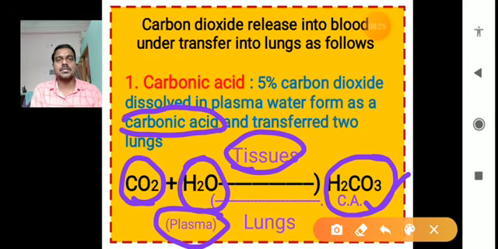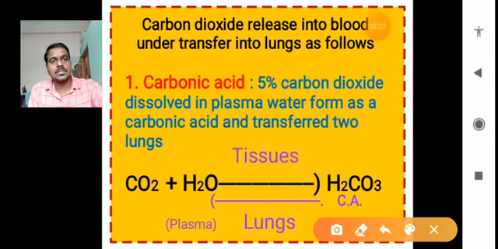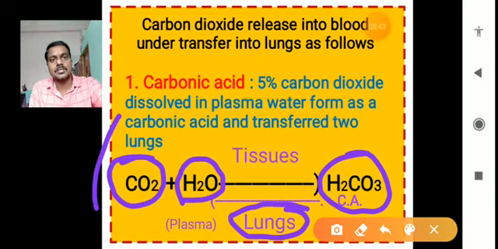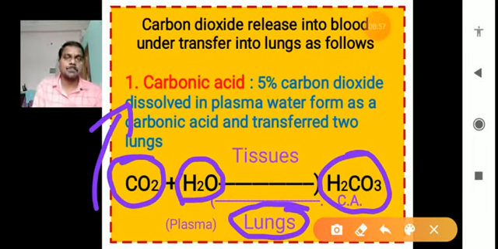This carbonic acid is easily transferred to the lungs through the blood. See here, the carbonic acid is transferred to the lungs and forms again reversely, releasing the water molecule and forming carbon dioxide. Finally the carbon dioxide is released in the lungs. So it is a reverse process. At the tissue level, the carbon dioxide binds with water and forms carbonic acid, H2CO3.